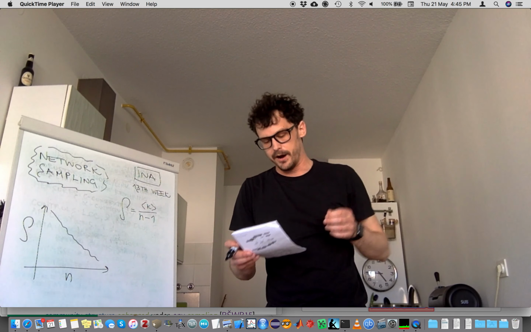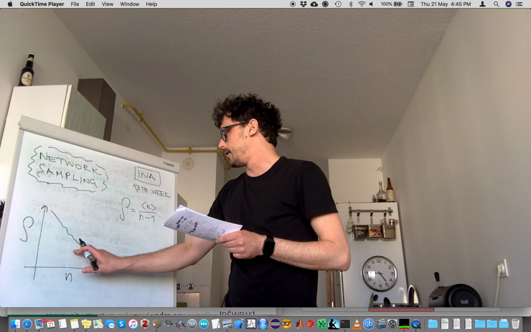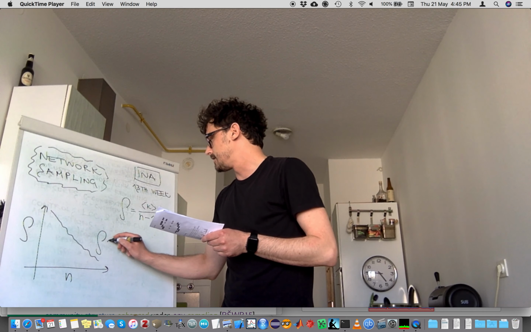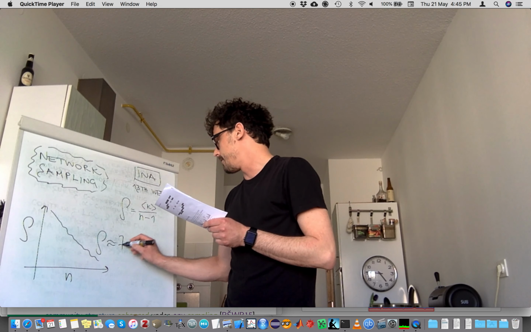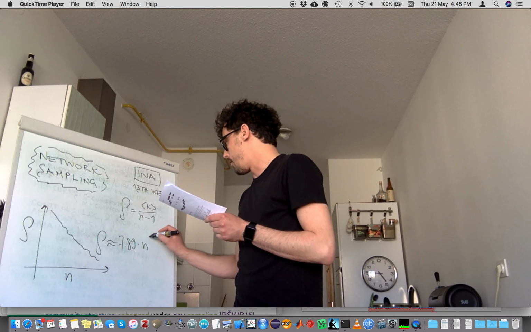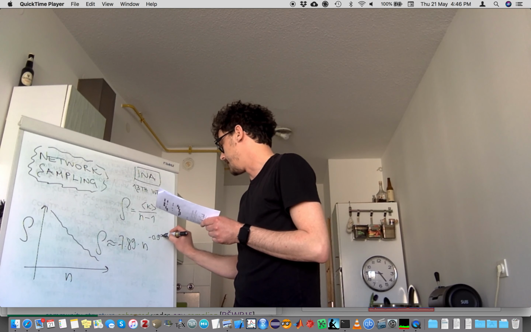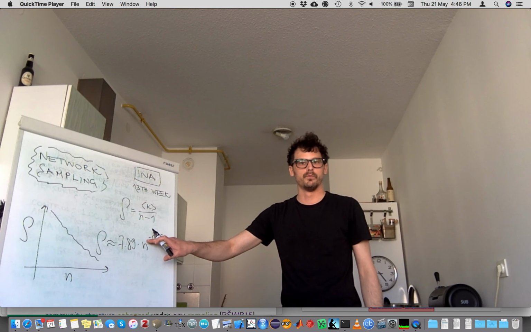So again, we have a power law relation, and the exact formula that you get is that the density is something very close to 7.89 times n to the power of minus 0.99, almost n to the power of minus 1.